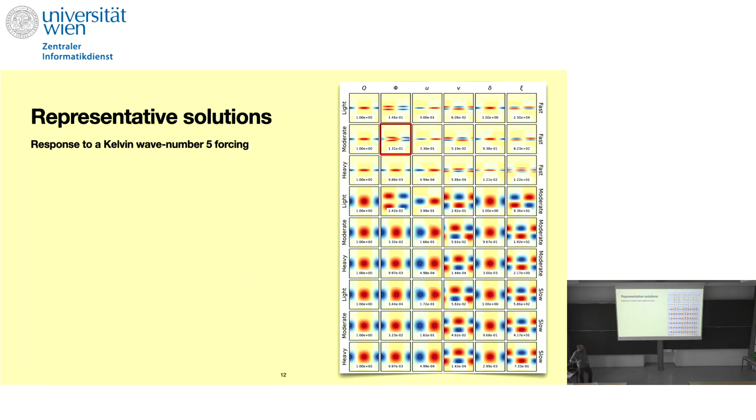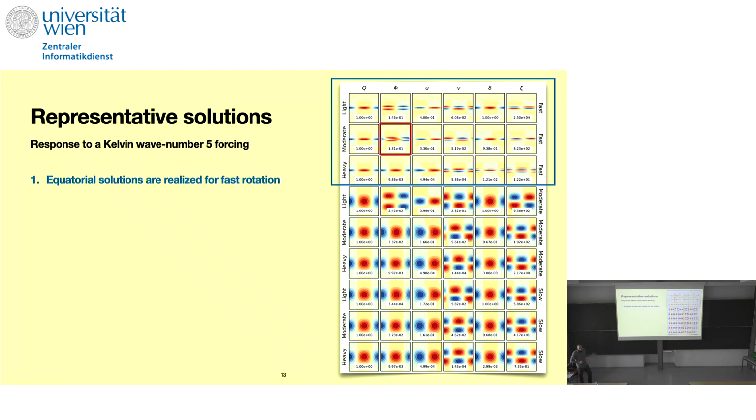The different columns are the forcing, geopotential, zonal wind, meridional wind, divergence, and vorticity. And I'm going to make 4 observations. The first, simplest observation is the fact that we indeed get the 2 solution regimes. Here is the equatorial solution regime and the global solution regime, and the equatorial is indeed realized for fast rotation.